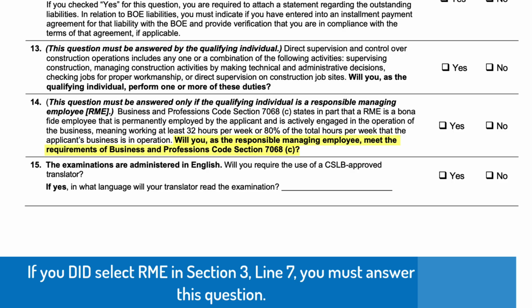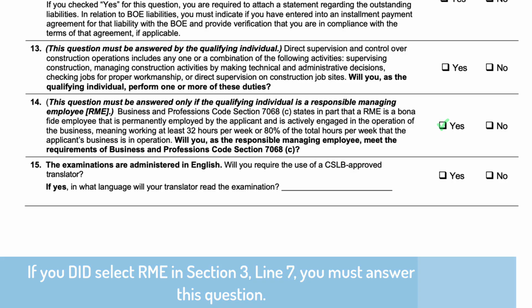It asks if you, as the responsible managing employee, will meet the requirements of Business and Professions Code, section 7068(c), by working at least 32 hours per week or 80% of the total hours per week that the applicant's business is in operation. As an RME, you must comply with this requirement, which means you should answer yes.